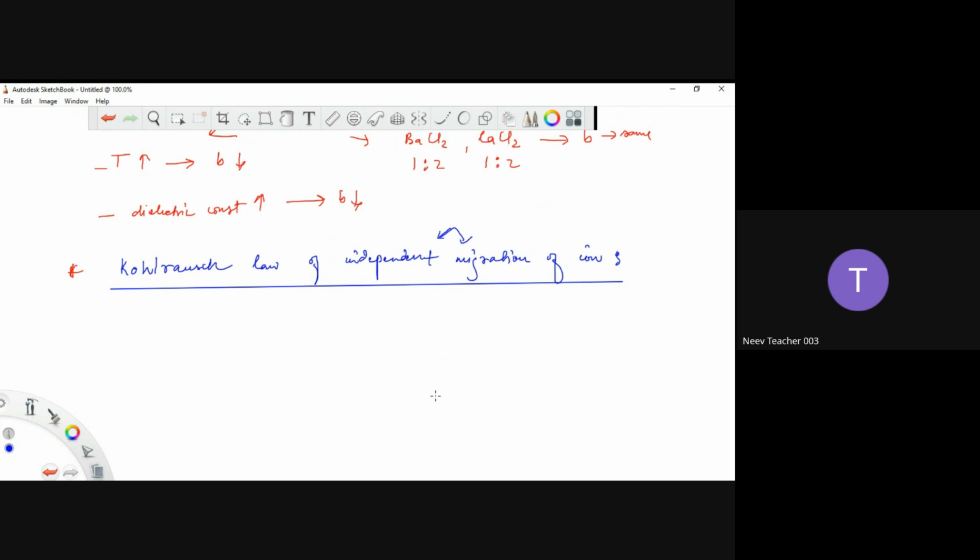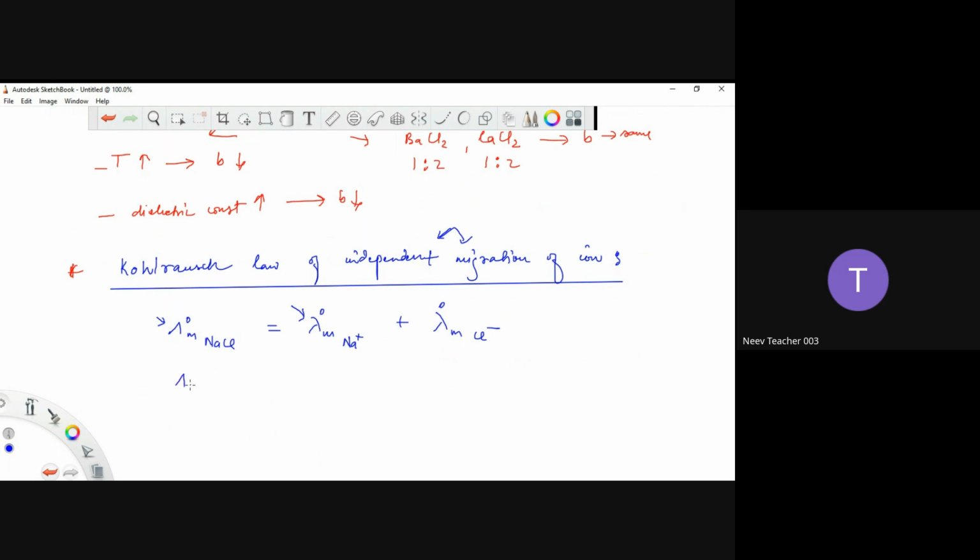infinite dilution. So the molar conductivity at infinite dilution of NaCl will be the molar conductivity at infinite dilution of the cation plus that of the anion. For the molecule, we use big lambda; for ions, we use small lambda.